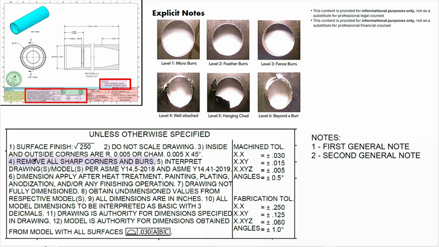Okay, next, remove all sharp corners and burrs. So the argument can be made that in note number 3, I've chamfered all these corners so they can come in and make these corners 45, but there are still these burrs that exist, especially if they're cutting threads. And these are not shown in the drawing or in the model, but they happen during the manufacturing process.